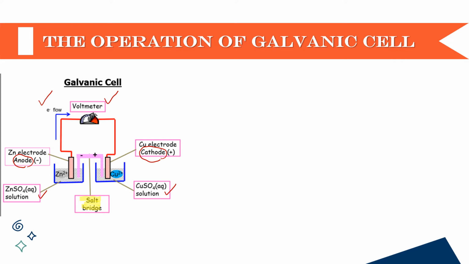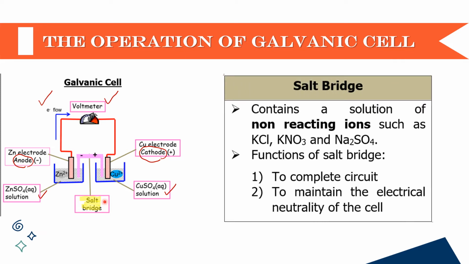So what is a salt bridge? A salt bridge contains a solution of non-reacting ions such as KCl, KNO3, Na2SO4. So what does it mean? Inside the salt bridge there is a solution, and we use a solution that does not get involved in the chemical reaction in these two half cells.